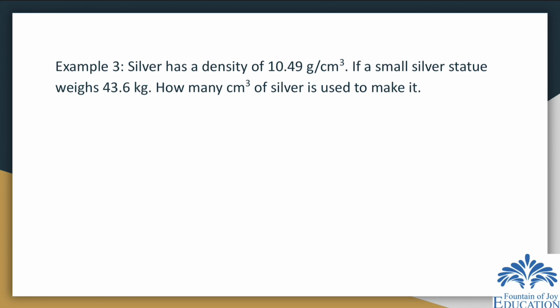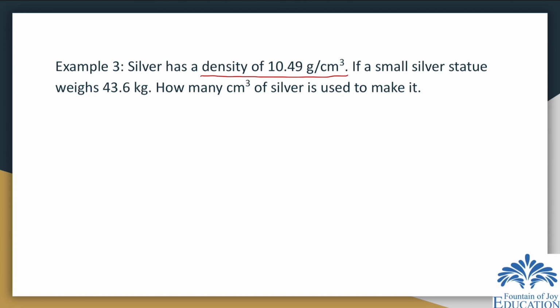In this question, we have a statement stating the density of a substance, in this case, silver. Often when we have this kind of unit, we can use it as a conversion factor. So let's rewrite this density in the way of a fractional expression to be used as a conversion factor.